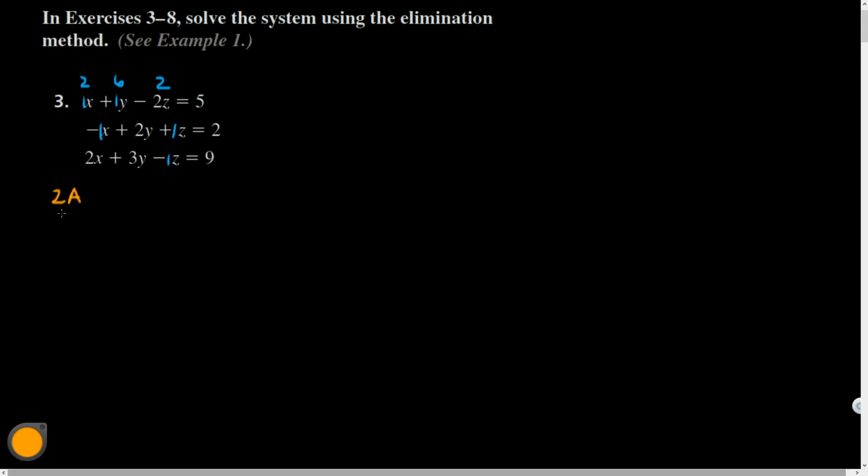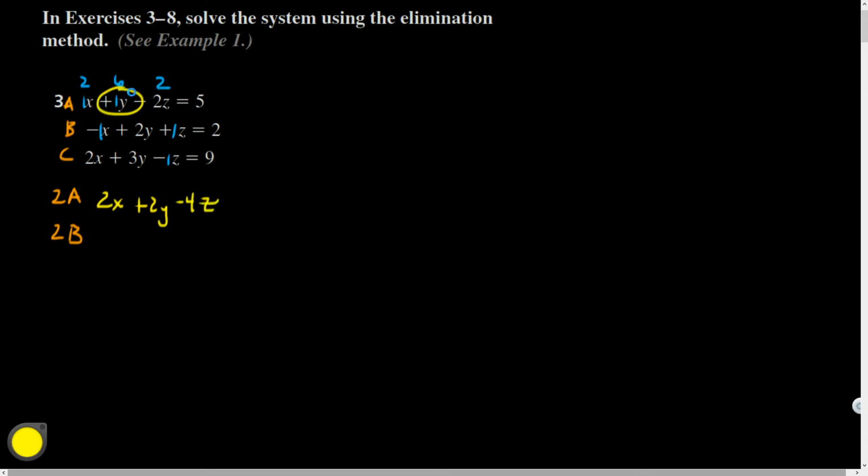And I'll have to multiply the second equation by 2. I call these, by the way, equations A, B, and C. I'm multiplying these by some constant in order to get opposite coefficients so that when I add equations together, it eliminates a variable. So 2 times equation A: 2 times x is 2x plus 2y minus 4z.